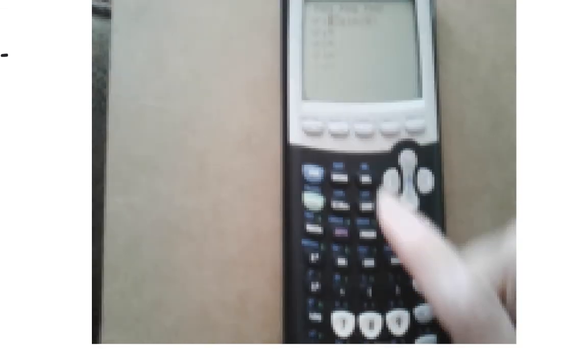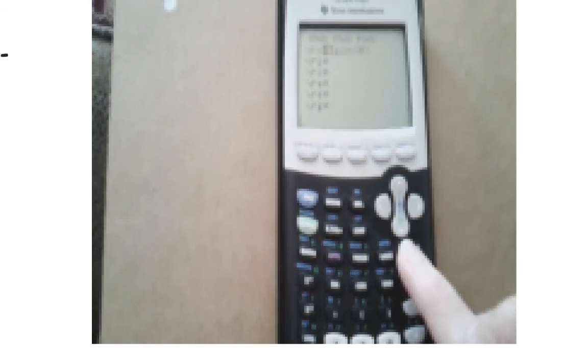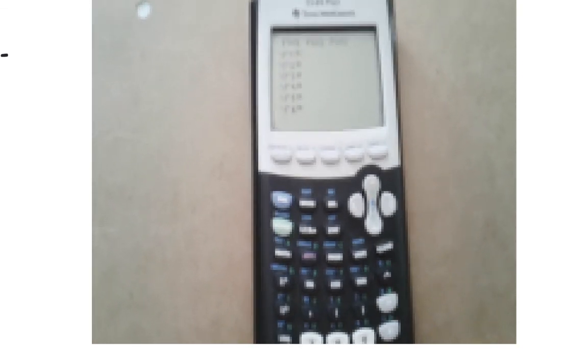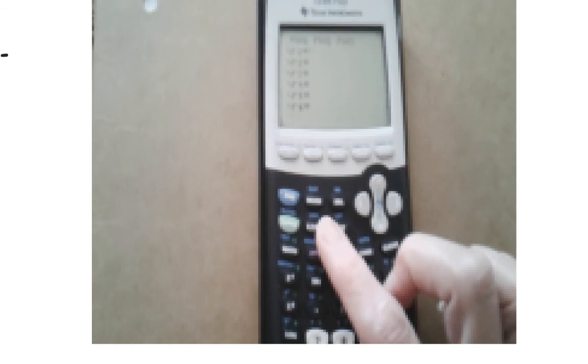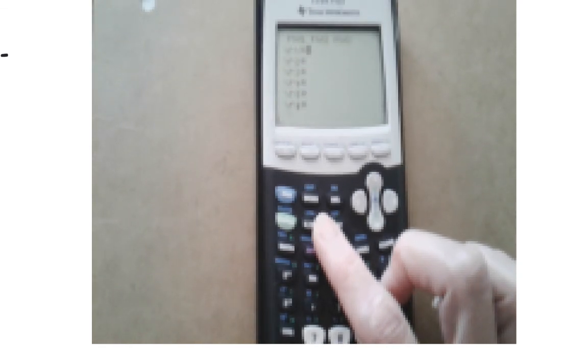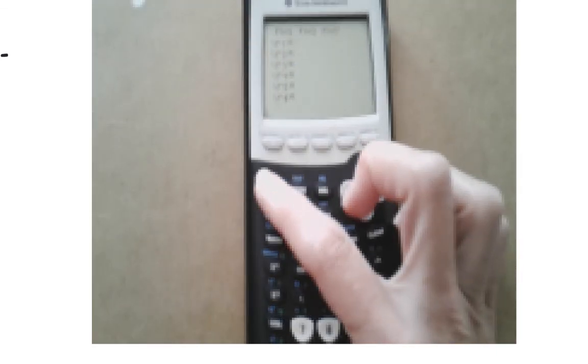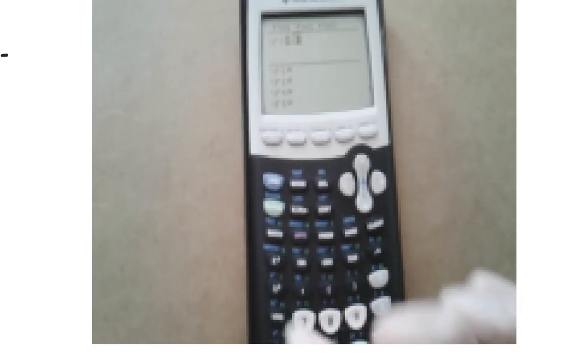If I wanted to graph any of my polar functions, I can go in here and double check. Say I want to graph r squared equals 9 cosine of 2 theta. I cannot do an r squared, so I'll have to do the square root, and then it's 9 cosine of 2 theta.